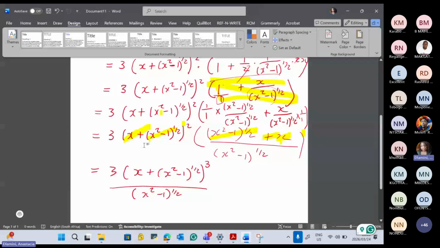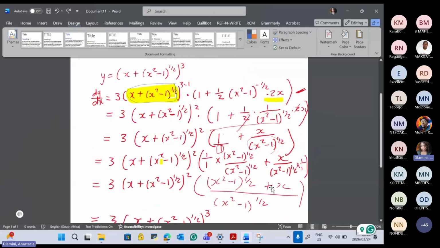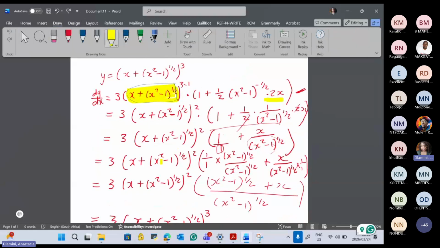Okay, when I simplify it here, do you see when I simplified here? Let's look at this part here. When I simplified it, I got x squared minus 1 to the power of half plus x.